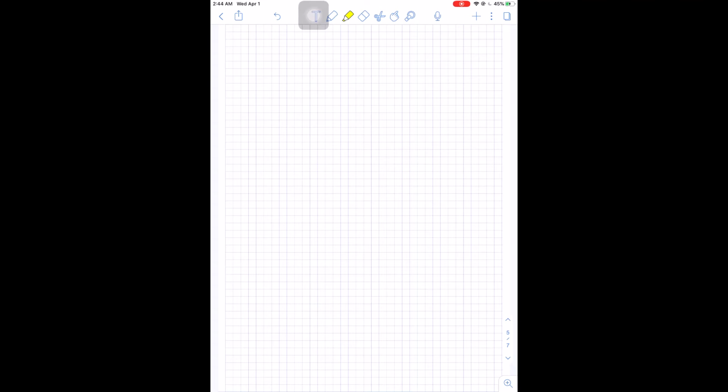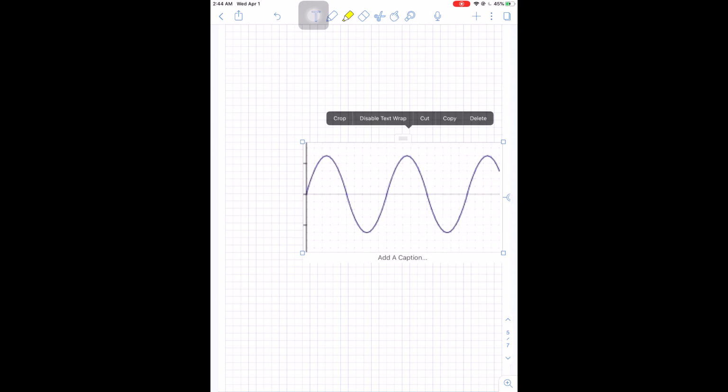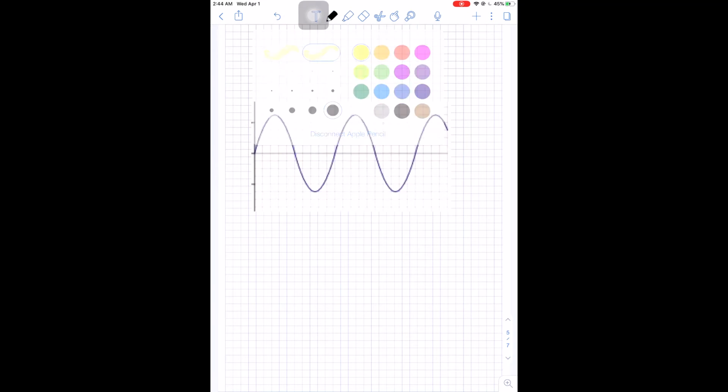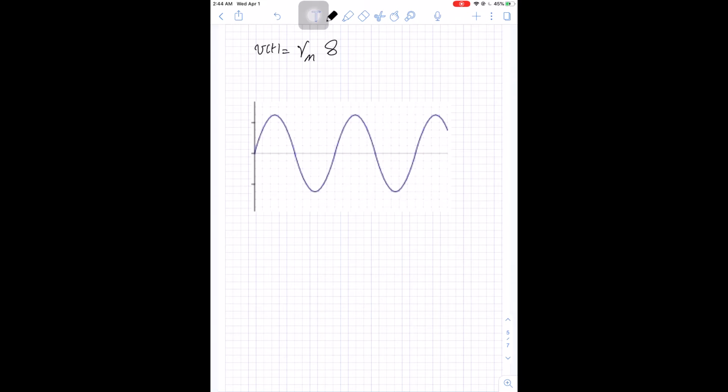Now let's see what the important values on a sine wave are. So the general equation for V of t is V of t equals V max sine of omega t plus the initial angle, which we will name from here on as theta. So what are the important values in this wave?